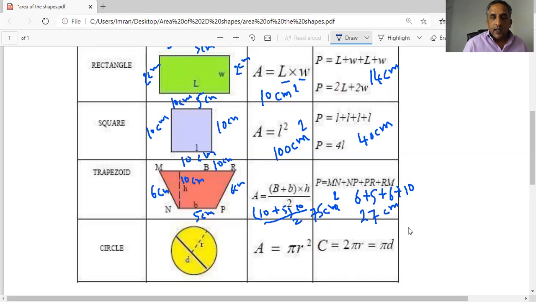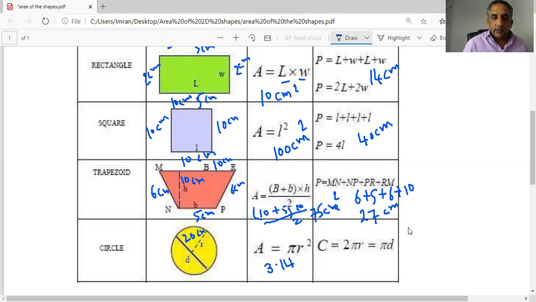Now the area of the circle. The area of the circle is pi r square. Pi is 3.14. We know that pi is always 3.14. And for radius, we can give an example, because the radius is the distance from the center to the side. Imagine the total diameter is, for example, 20 centimeter.